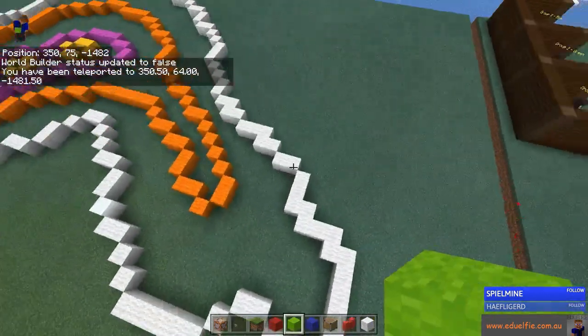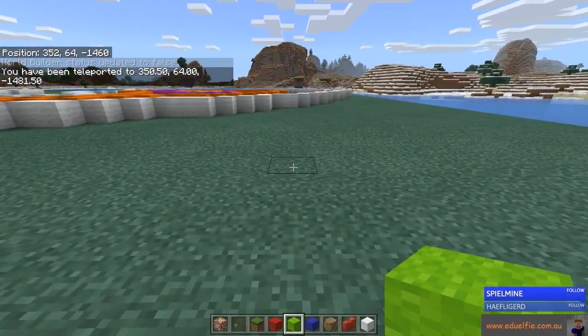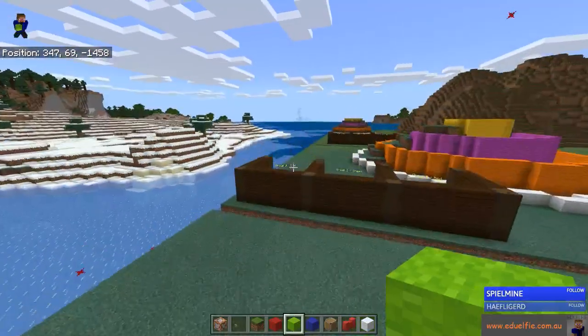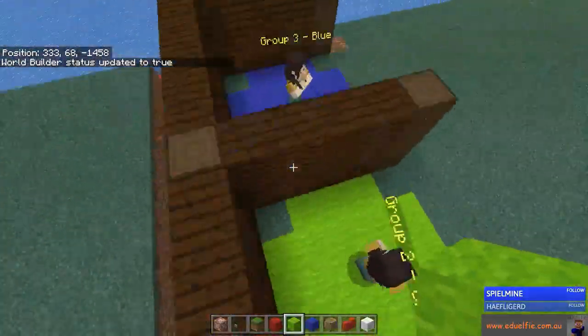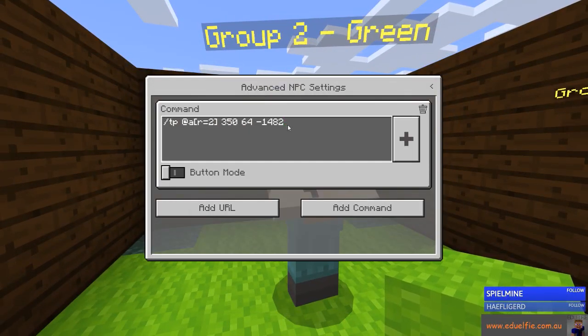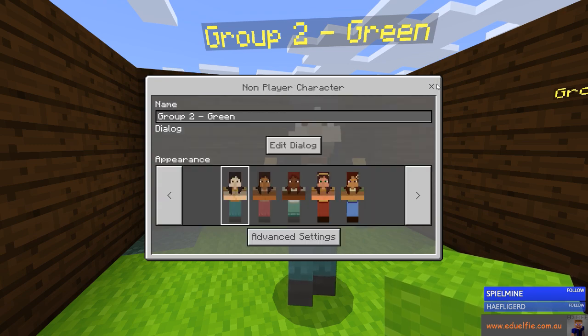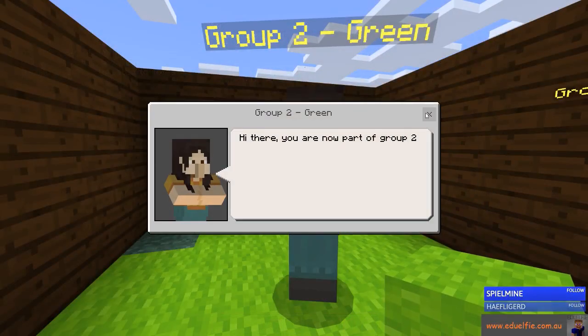Wrong coordinates. You're supposed to be out here. So 1462, not 1482. I wasn't sure about that one, so that's why you test things.